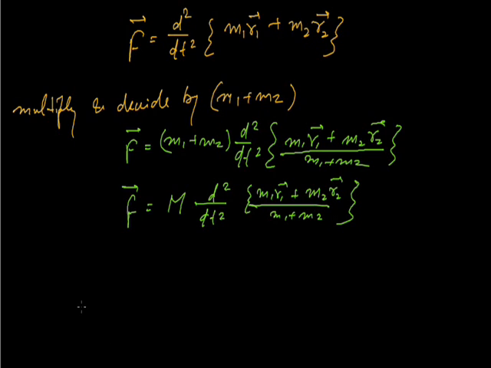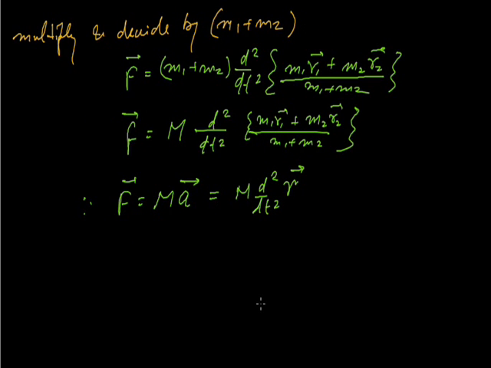We know that F vector is equal to M a vector. According to the above formula, it is equal to M d2 by dt square of R vector. R is the position vector or displacement vector, which we can consider from the origin.